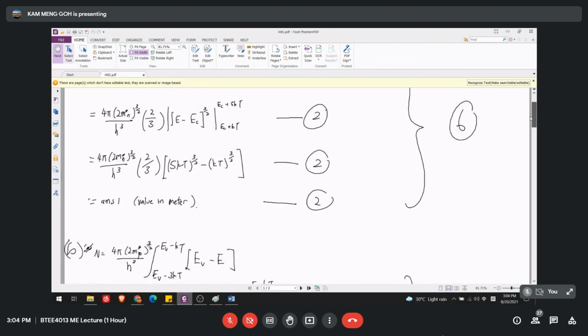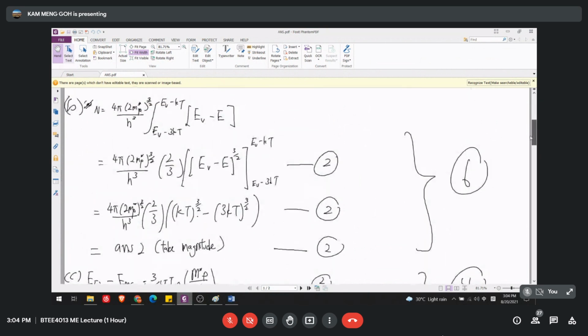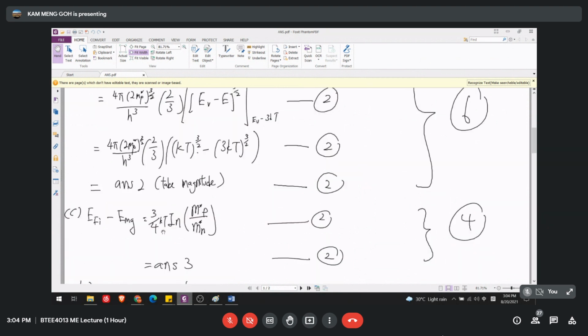That's why some of you made this part wrong, and some of you also made the same error here. So you can see your score, some of you maybe didn't do well in that because you did it wrongly. Then the third one is still acceptable. This is just a normal calculation of the mid-gap.